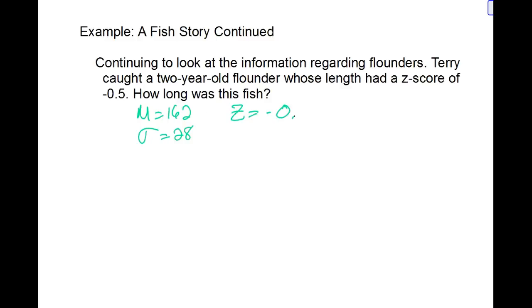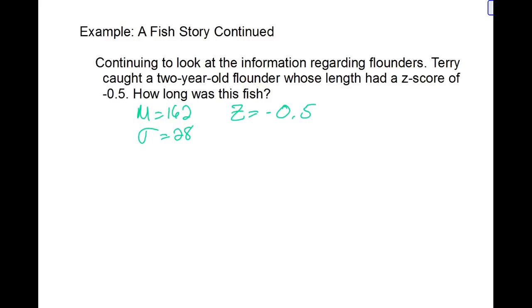We know that it's negative 0.5, which means this particular flounder is 1/2 of a standard deviation below the mean, which actually tells me that I should get a number less than the mean.